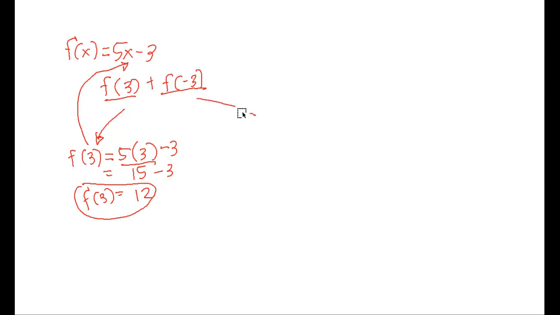Now let us solve for the value of f of negative 3. f of negative 3 is equal to 5 times negative 3 minus 3. 5 times negative 3 is equal to negative 15.